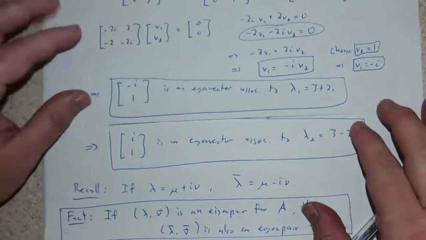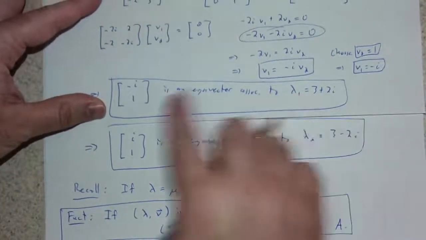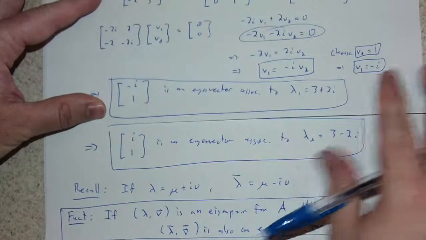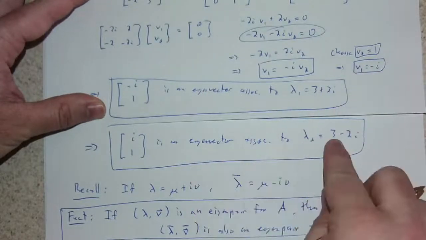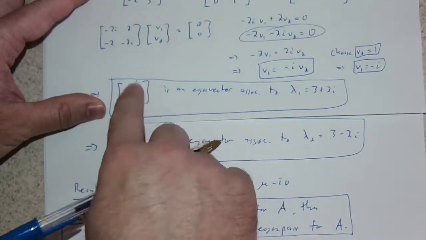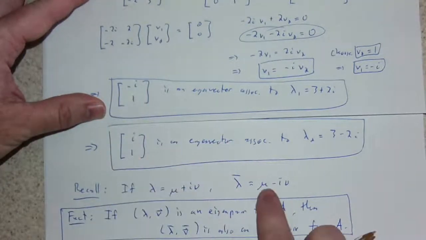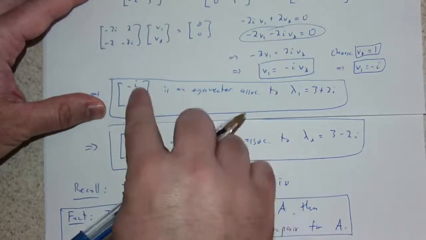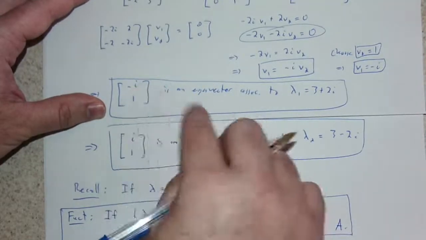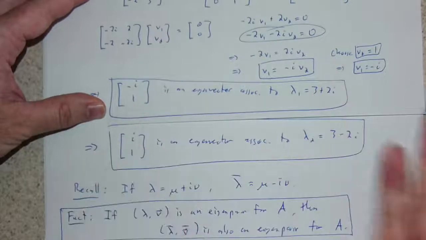What this means is the second that we found this, we were done. The eigenvector for the other one is just you take this eigenvector and you take the complex conjugate. Everywhere there's a mu plus i nu showing up in the vector, you replace it with mu minus i nu. So the only place is here: you have minus i, you replace it with minus minus i. And that's it.